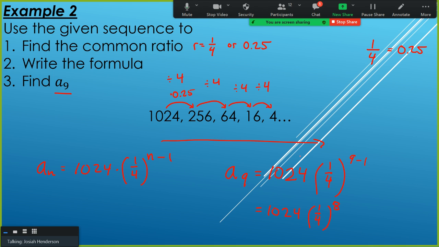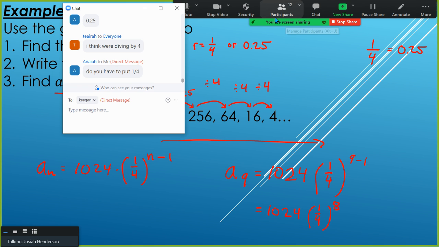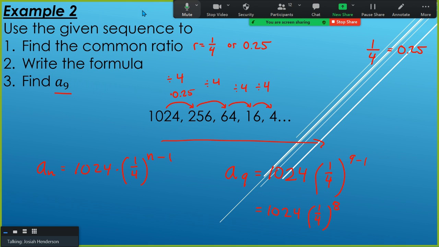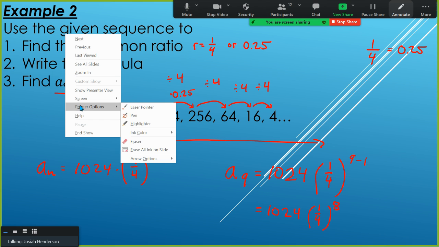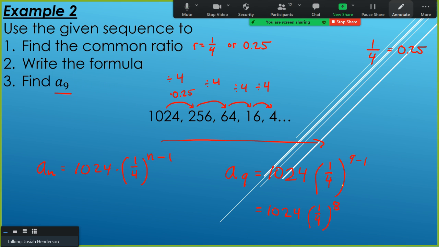I want to show you quickly both ways to do this, as a decimal if we use 0.25 instead, or as the fraction 1/4. In the chat, do you have to put 1/4? No, good question. And that's exactly what I was trying to get at. We can do 0.25. So here in yellow, I'm going to show next to it an alternative way to do this.